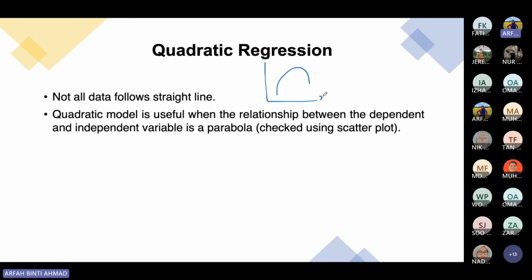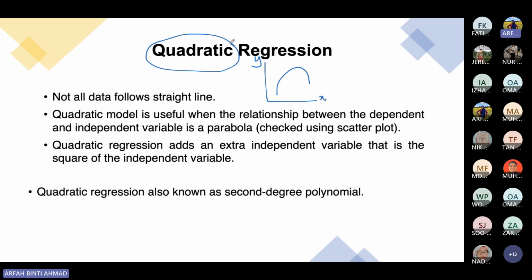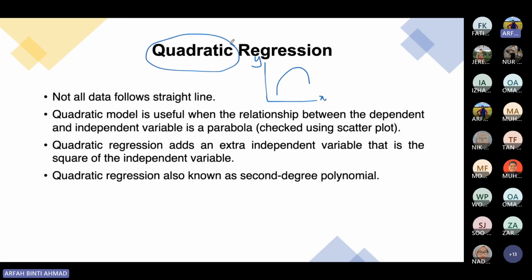For example, this is your x and this is your y. So that is the case where we are going to have a non-linear model, which is a quadratic model. So quadratic regression adds an extra independent variable, that is the square of the independent variable. Quadratic regression is also known as a second degree polynomial, meaning that you are going to have x squared. So this is the quadratic model.